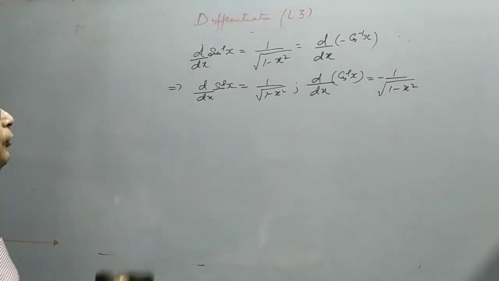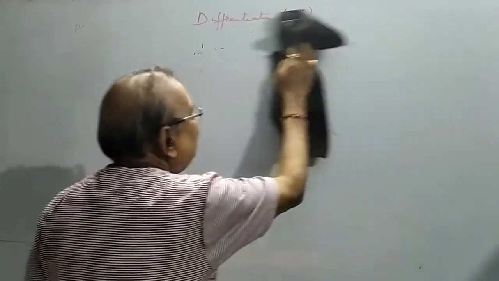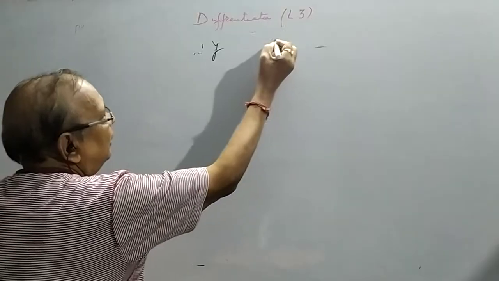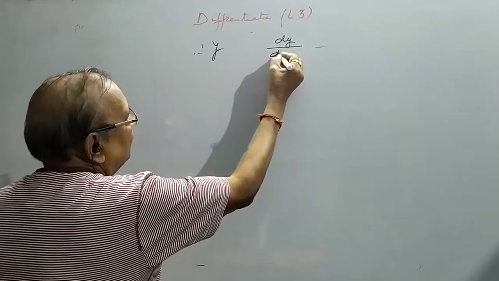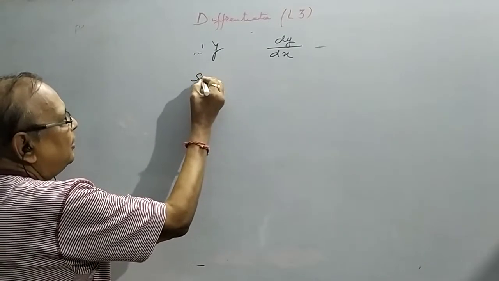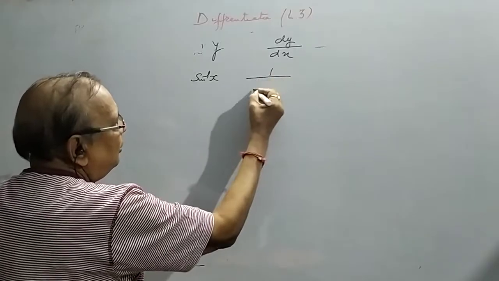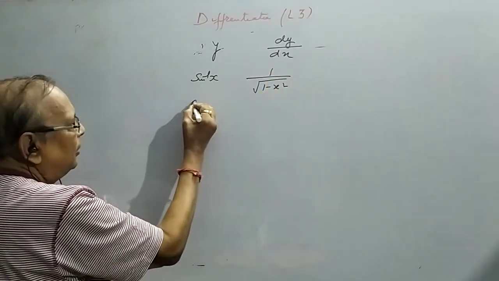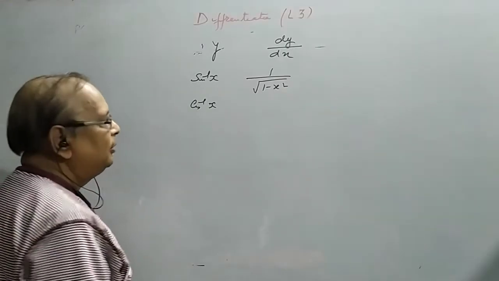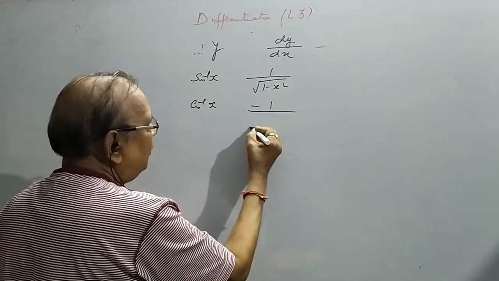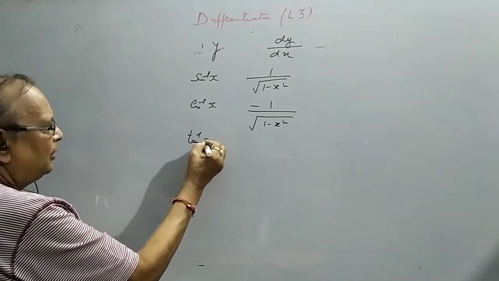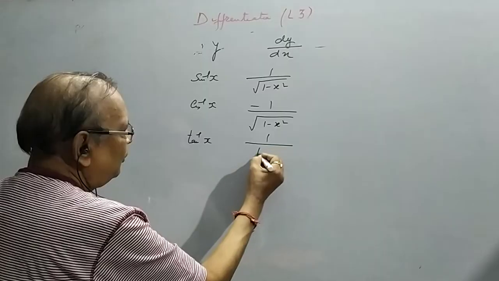Now, in tabular form, we will consider 6 formulae instead of 3. Say y and d by dx. You will learn these 6 formulas. Sine inverse x, that is 1 upon under root 1 minus x square. Again, cos inverse x, wherever there is co, there will be a negative sign, minus 1 upon under root 1 minus x square. Now consider tan inverse x. Differentiation of this is 1 upon 1 plus x square.